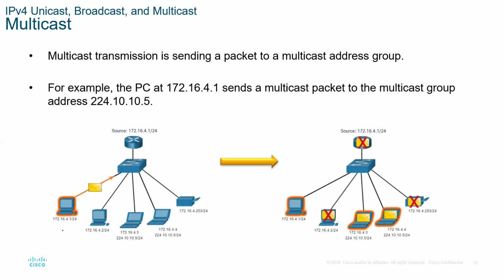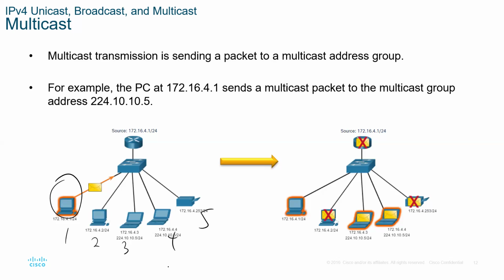In this network, I have 1, 2, 3, 4, 5 devices. If I want to send to one device in this network, this is me. If I want to send to one device, it's unicast transmission. If I want to send to 2 devices, it's multicast transmission. If they're in a group, multicast.